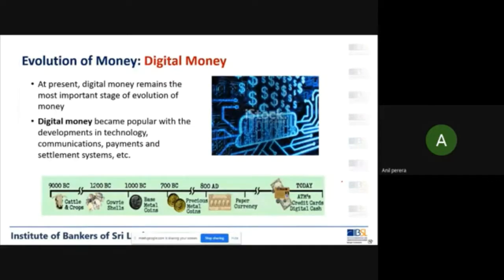Now in the 20th and 21st century, what do we have today? We have digital money. So what is digital money? It remains the most important stage of evolution of money.